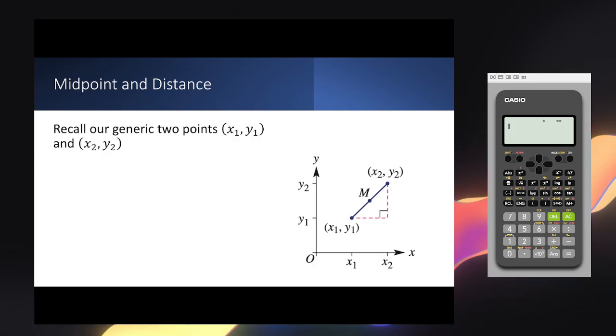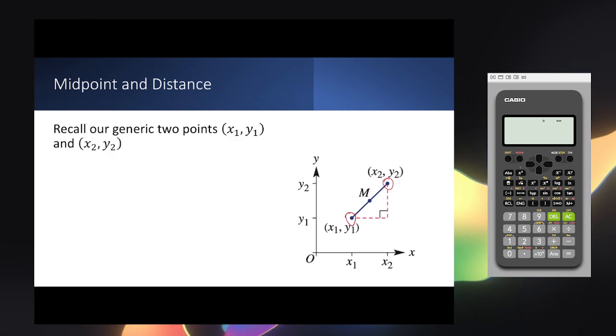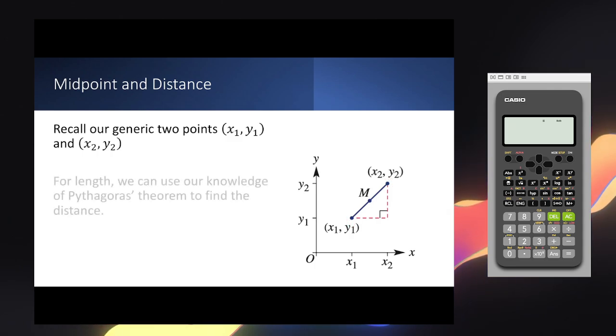So here are our two generic points. We've got the first one here, which is x1, y1, and the second one here, which is x2, y2. These 2 points are going to be treated as our generic points. So one of the points might be 2, 3, one of the points might be -5, -7. It doesn't matter, they're just two generic points.